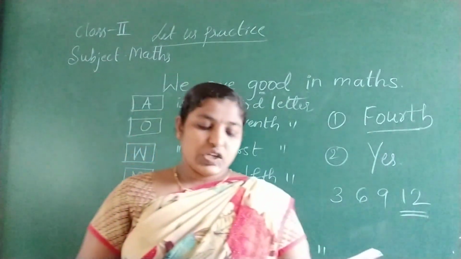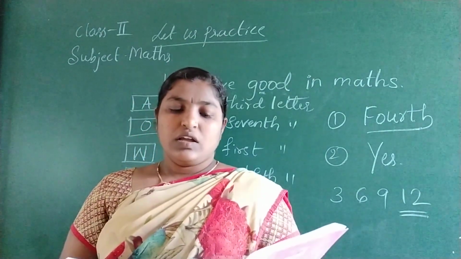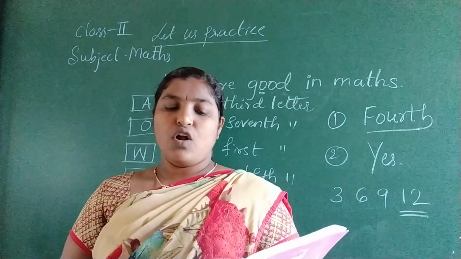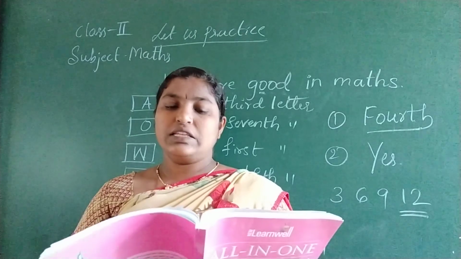Okay. Next, I know 1, 2, 3 are called cardinal numbers and first, second, third are called ordinal numbers. Already we have learned these things in this lesson.